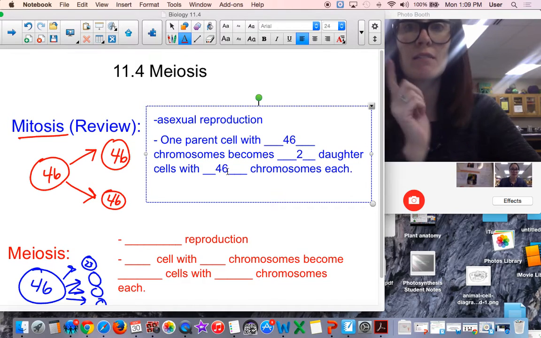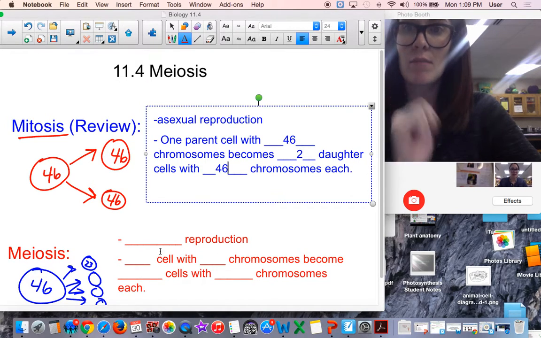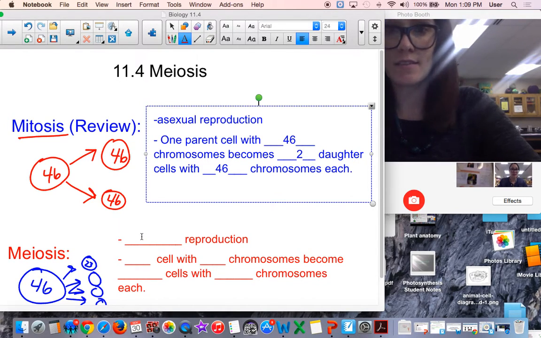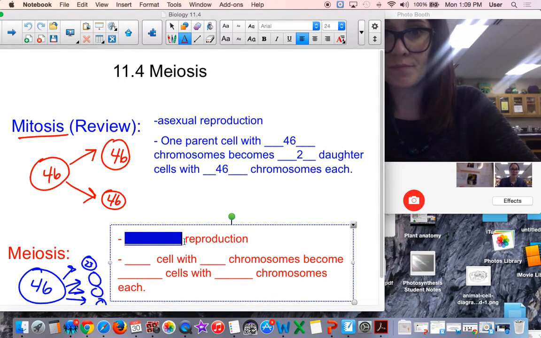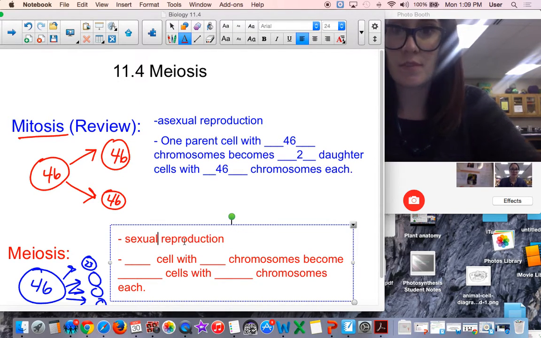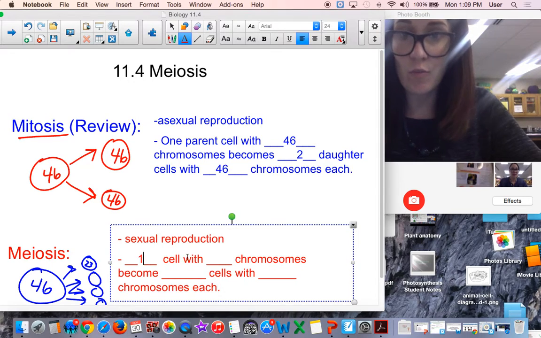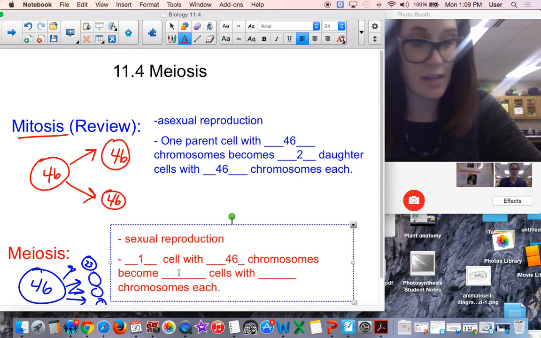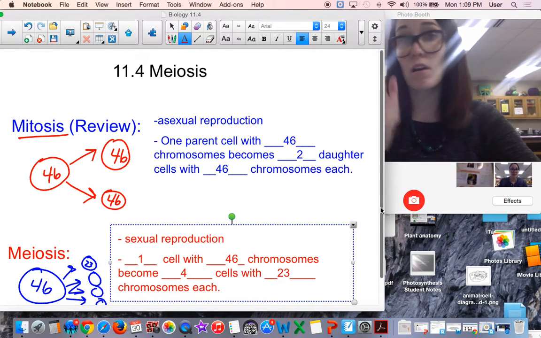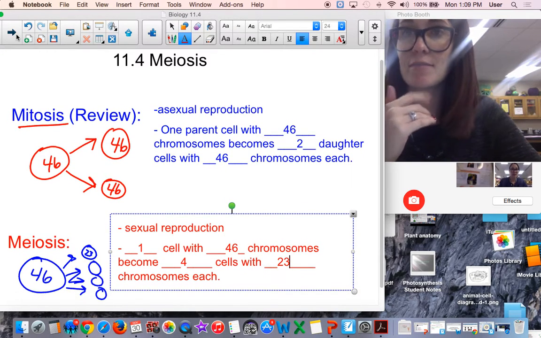They are genetically identical. Meiosis, on the other hand, is sexual cell reproduction. Okay, starts off with one cell with 46 chromosomes that becomes 4 cells, each with 23 chromosomes. They are all genetically different.